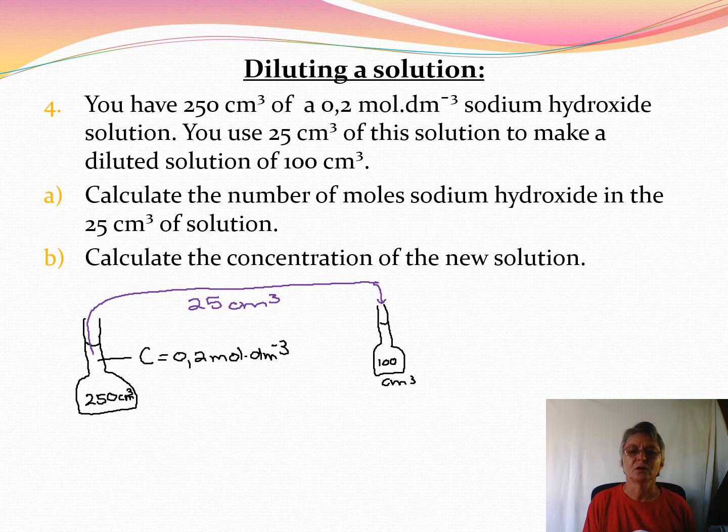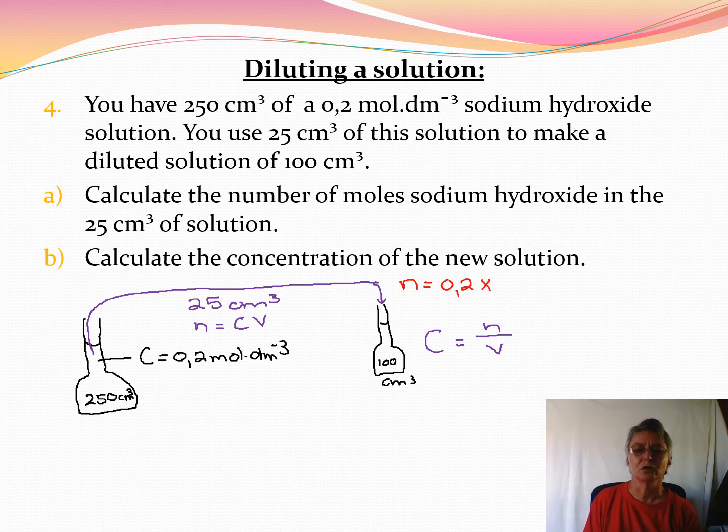Now, to calculate concentration, I need mole and volume. So how many moles of the original solution did we place into the second volumetric flask? To calculate moles, we need to take the concentration 0.2 and multiply it by the volume. 25 cubic centimeters is 0.025 cubic decimeters.